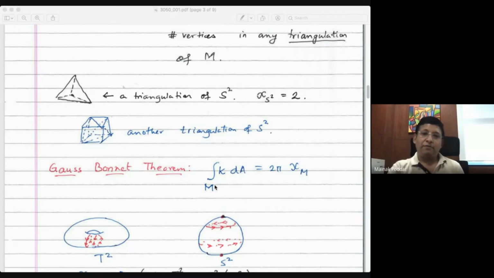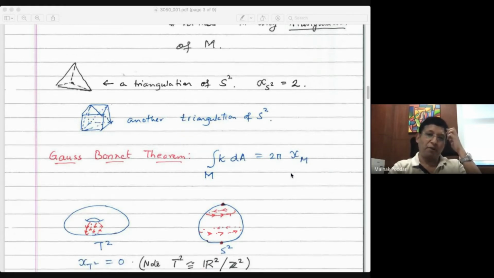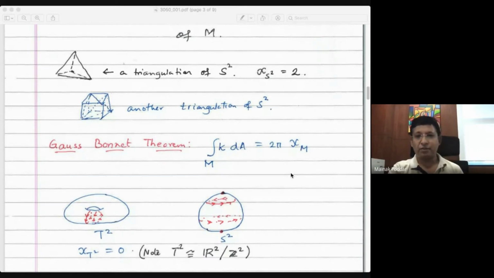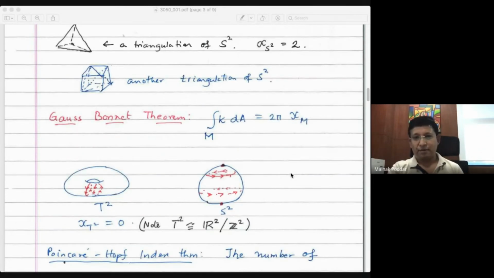You can change the curvature locally, but the total integral of the curvature only depends on the topological type of the manifold. By topological type, I mean up to the existence of a bijection, which, as you have probably seen in metric spaces, is called homeomorphism. So up to homeomorphism.